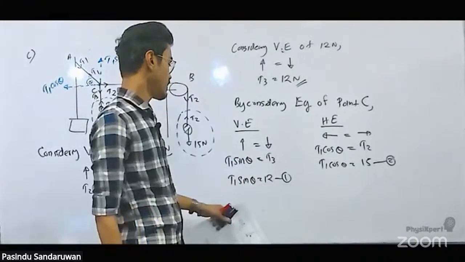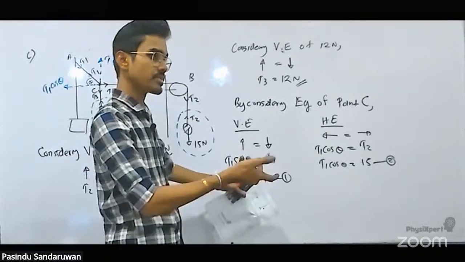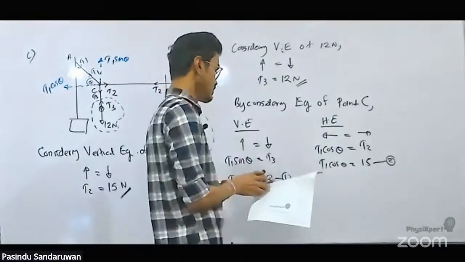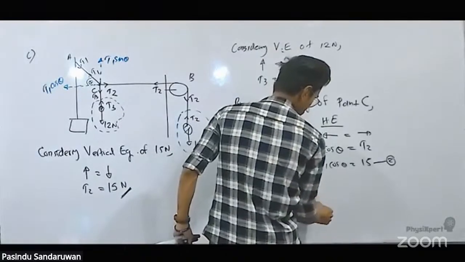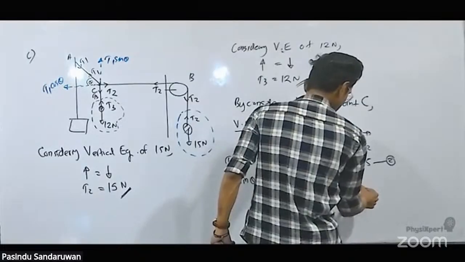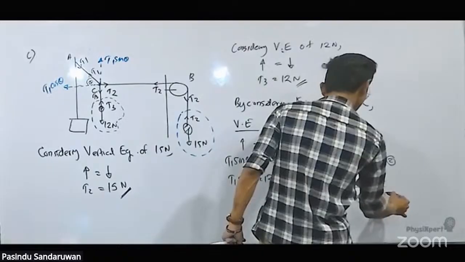Easily, what you can do is divide these two equations. T1 cancels and tan theta comes, which means theta can be determined, right? The left-hand side is T1 sine theta over T1 cos theta equals 12 over 15.